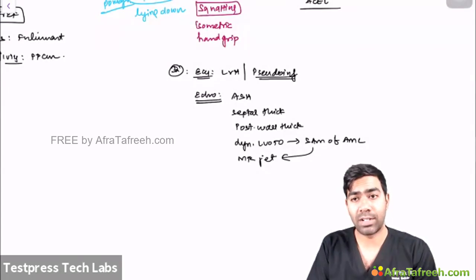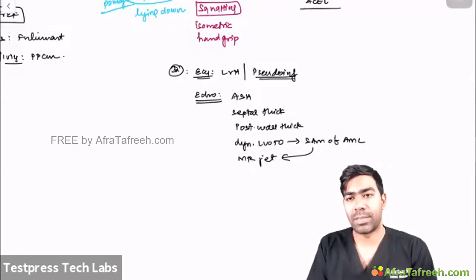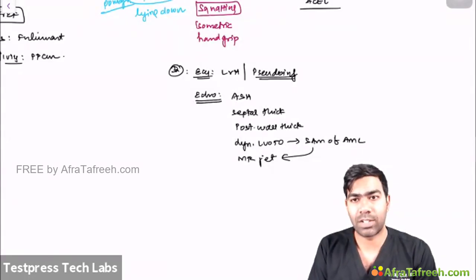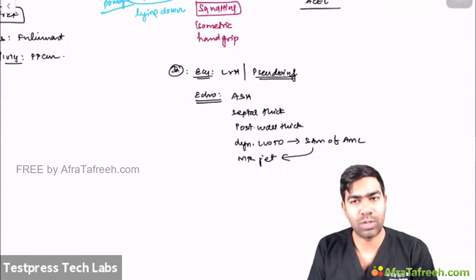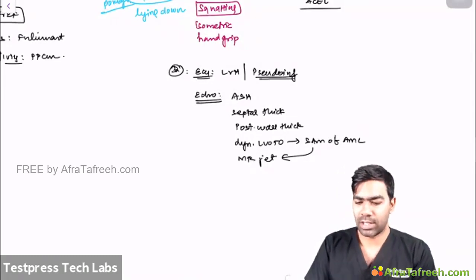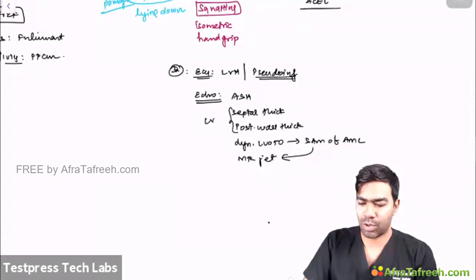And patients may have MR features also, like PSM, that's what I was about to tell. Pansystolic murmur also can be seen in HOCM patients. That is because of that SAM of AML. And so many things you are looking at, and you can see the left ventricular hypertrophy overall.